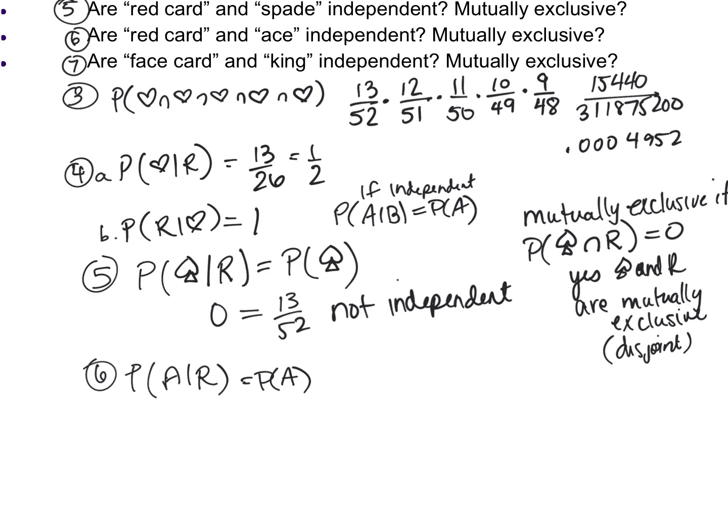Are these two things independent? What's the probability of an ace if I know it's a red card? 2 out of 26, right? 1 over 13. What's the probability of an ace? 4 out of 52. Are those the same?